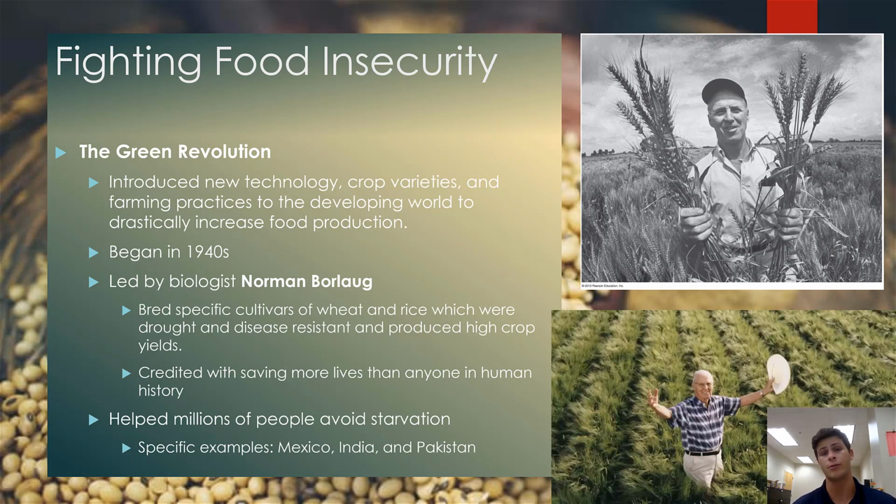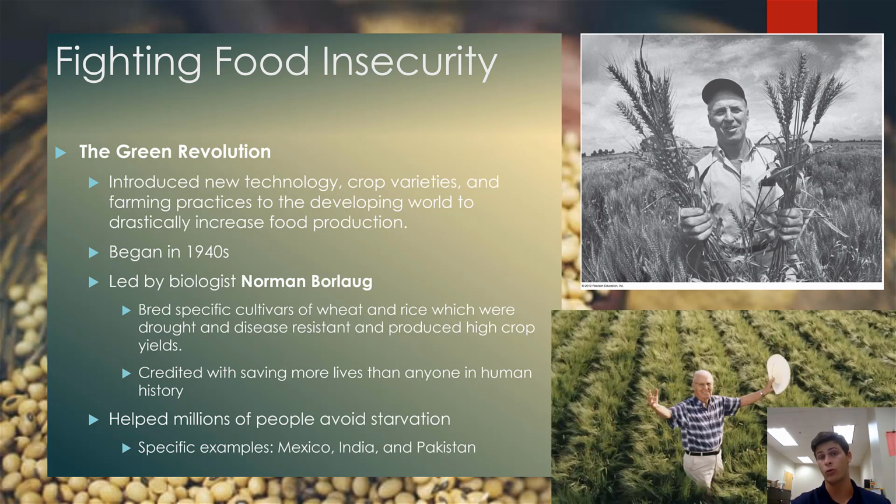This was led by a biologist by the name of Norman Borlaug, and what he did was he bred specific cultivars, meaning specific strains or types of different types of grains, such as wheat or rice, which were then going to be drought and disease resistant and produced a higher crop yield.